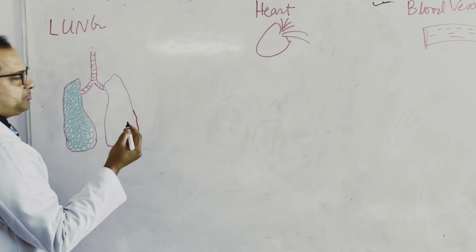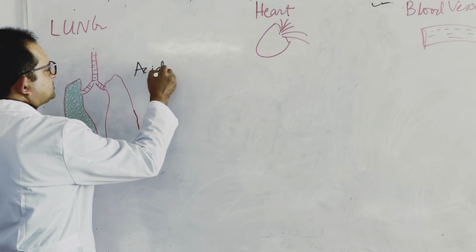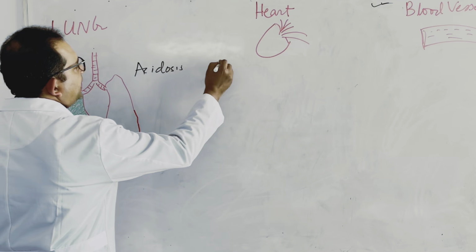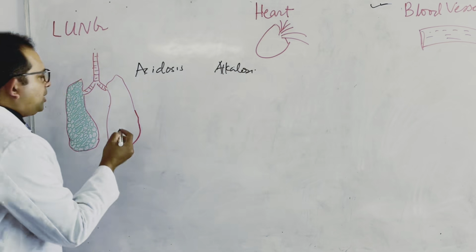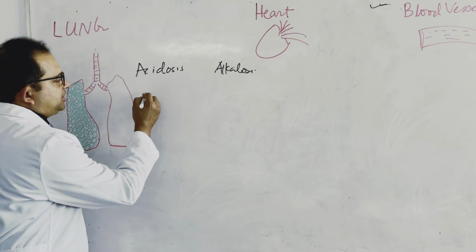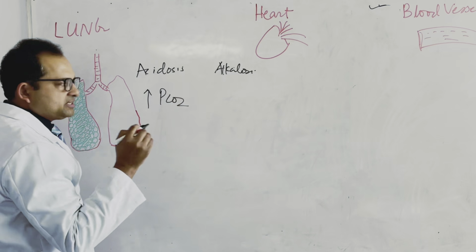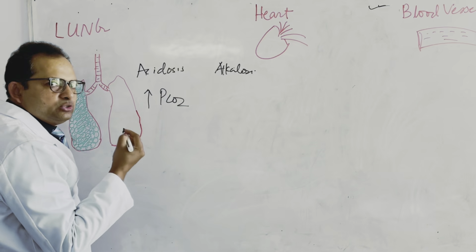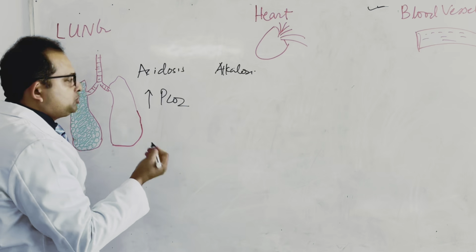There are two types of disorder, like we studied in the previous lecture, that is acidosis and alkalosis. So what happens in acidosis? There will be an increase in PCO2, we have already discussed that. Since the PCO2 has increased, the body will compensate to decrease it.